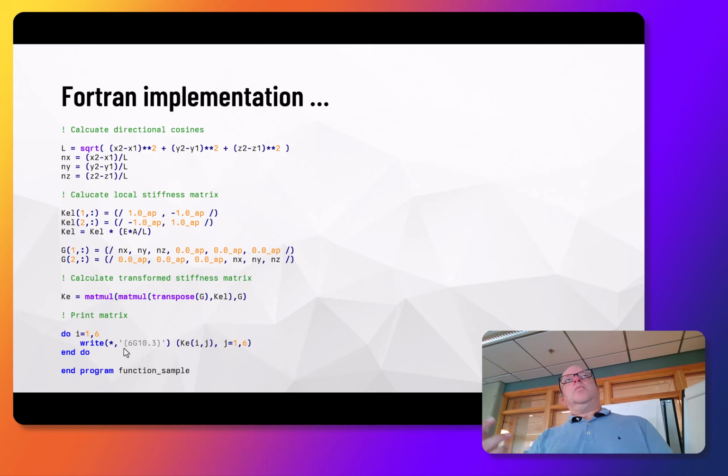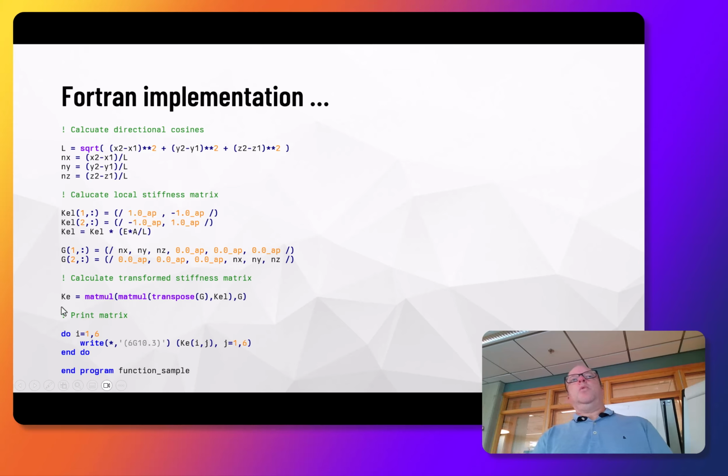I calculate the directional cosines. I calculate the local stiffness matrix here. I use two rows so you can see the structure of the array. And KEL equals KEL times this one here. I do that as a second step, and that will multiply all elements in this array with EA divided by L. Define the G array here, just using this notation so you can see the structure.